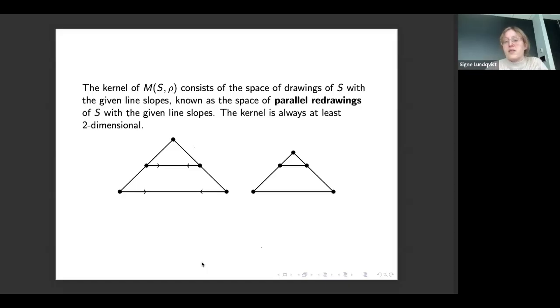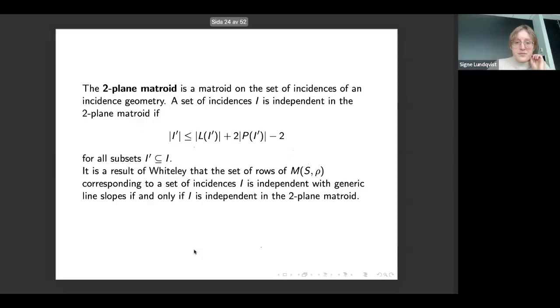So there are always two translations. And if your drawing is non-trivial, then there's also a dilation. Okay, but it's always at least two-dimensional, even for the degenerate trivial drawings.